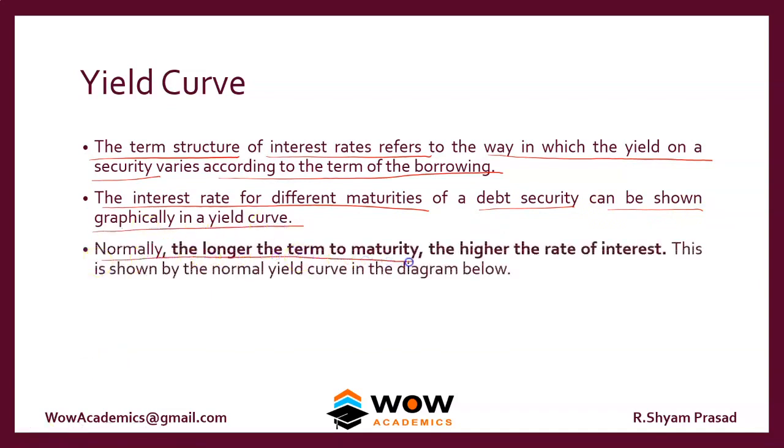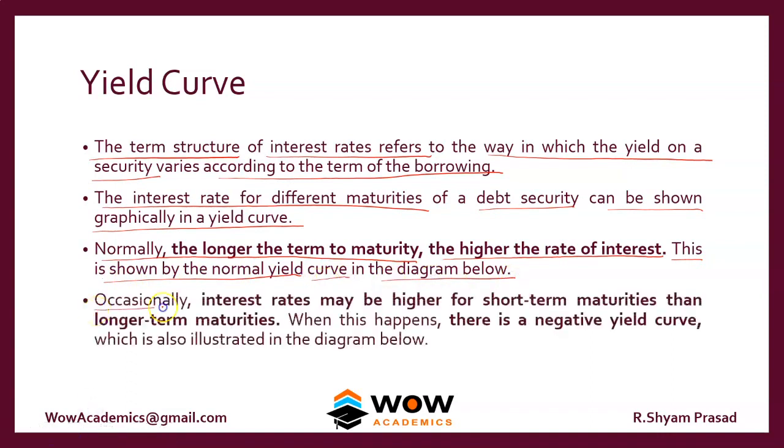Normally, the longer the term to maturity, the higher the rate of interest. This is shown by the normal yield curve in the diagram. Occasionally, interest rates may be higher for short-term maturities than long-term maturities. When this happens, there is a negative yield curve, which is also illustrated in the diagram below.